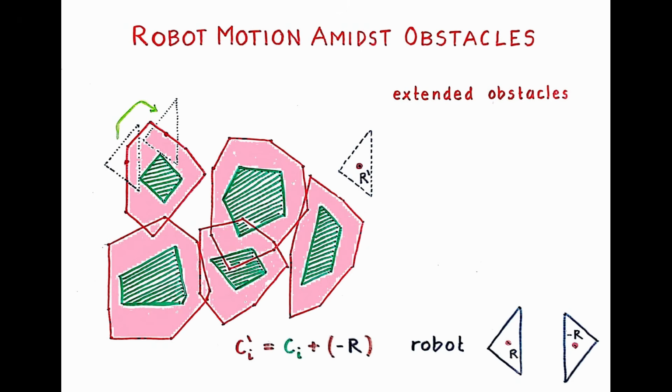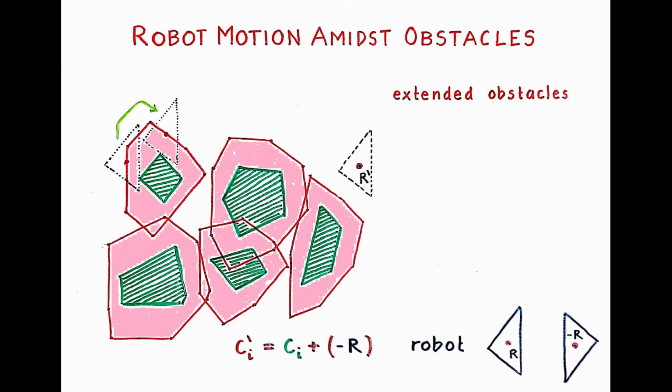And to get any kind of algorithms for this thing, you really need to say something about the complexity of the picture. And the complexity is the number of elementary arcs that the boundary of the union of these pink objects will have. And there is one simple observation you can make about the boundary curves of the extended obstacles.